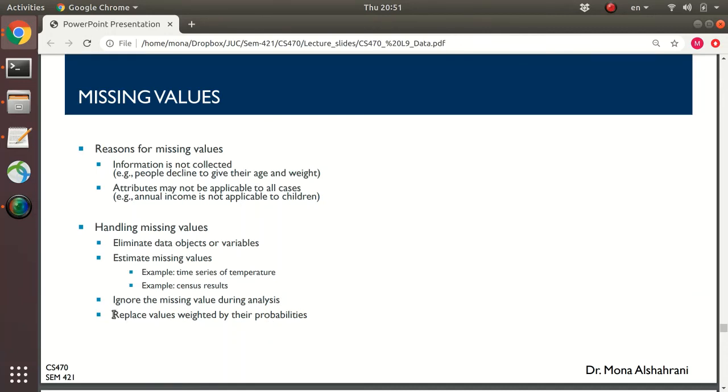or replace values by their probabilities. There are several techniques that can be used to find the most probable value. We can use regression to actually replace missing values. That is called data imputation. We can impute the values by using regression, or by using induction trees, or induction using decision trees.